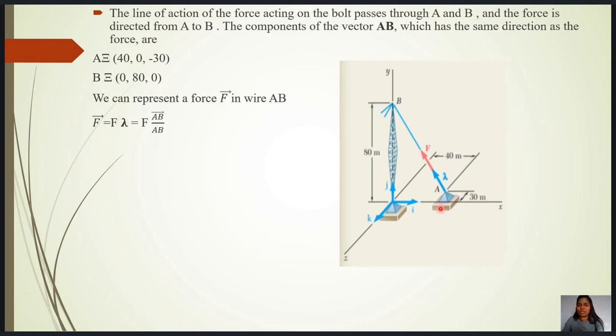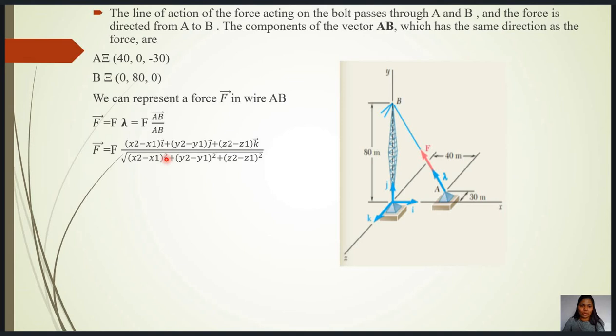So when you have to find the unit vector in the direction of A to B, you have to do coordinate of B minus coordinate of A. That is (x2 minus x1)i plus (y2 minus y1)j plus (z2 minus z1)k, divided by the square root of (x2 minus x1) square plus (y2 minus y1) square plus (z2 minus z1) square.